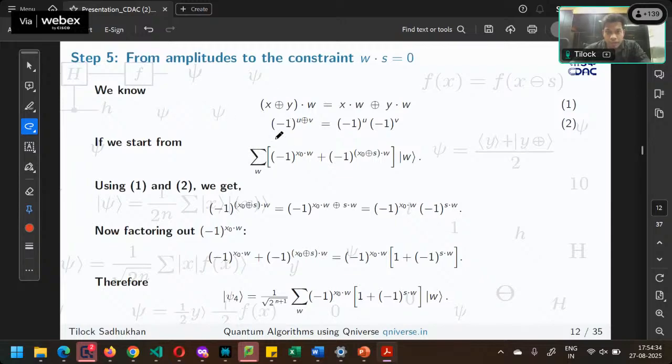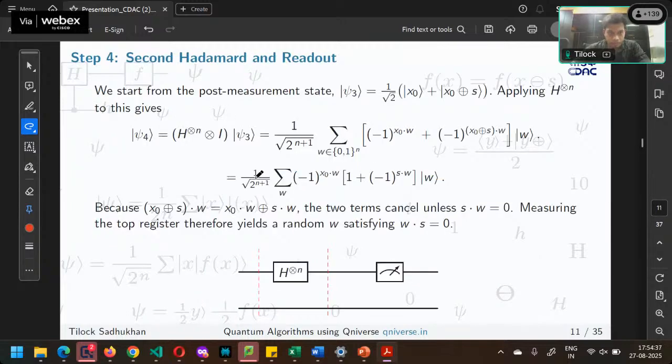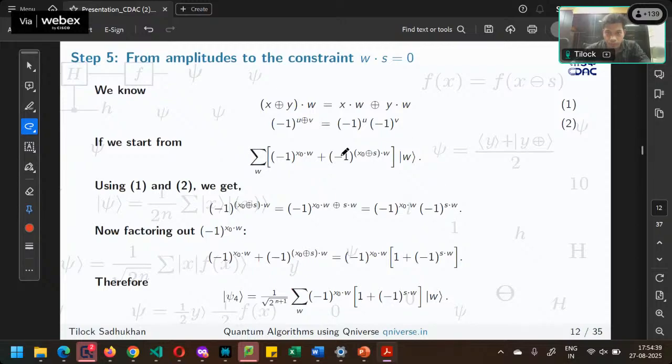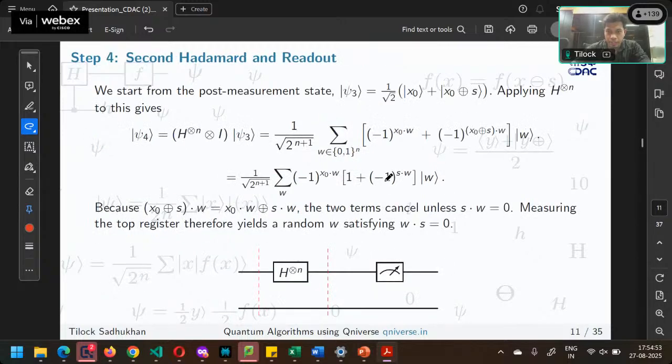So just like I've said, our last state was this psi 4, which is of course in this form. Now if we simplify this using these two relations, we'll basically get these two outputs. Now if we take this part common, we end up getting this part. So from this state, by doing a bit of algebra, we'll get this state. So you see the ket psi 4, the amplitude of those states depends on this factor only, right?